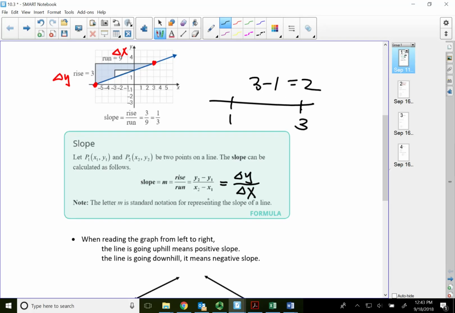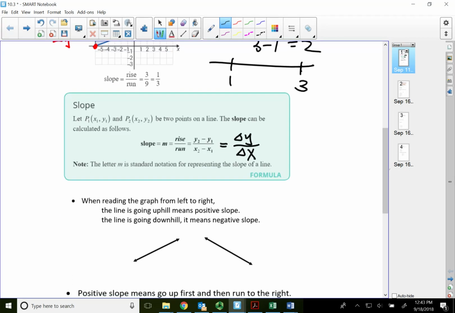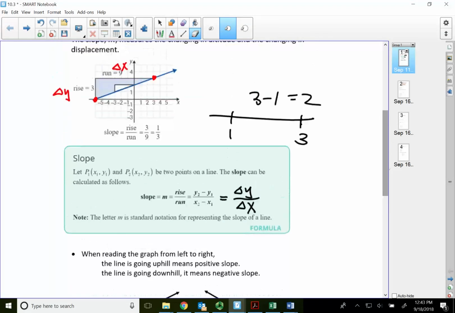So that's why the formula uses subtraction. So when we say y2 minus y1, it's basically looking at the vertical distance between the two y values, divided by the horizontal distance between the two x values of the 2 points.